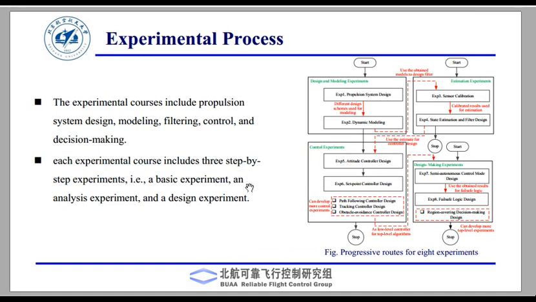It means the basic experiment, an analysis experiment, and a design experiment. I already said that, it is just a repetition. The progressive route for the 8 experiments is shown here. It follows this one, then this one, then this, then this. It starts with design and modeling, then estimation, then control, then decision making.